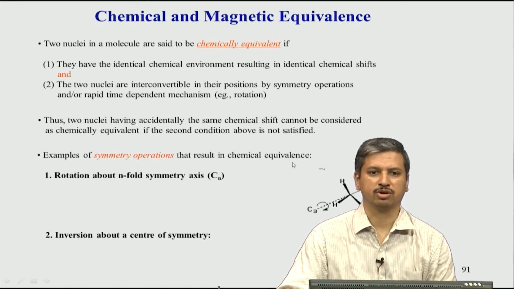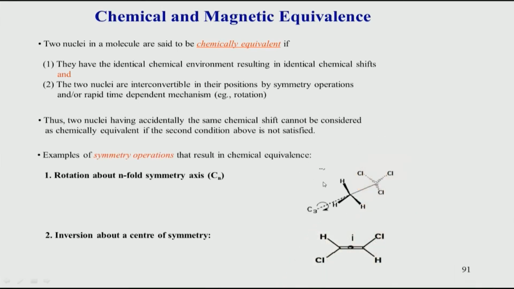The example is shown here on the right. Let us say these two hydrogens, or we can look at all three hydrogens here. I can convert this hydrogen into this position by simply a rotation. The angle between them is 120 degrees. So, by simple rotation I can change this to another hydrogen, or I can take this hydrogen to this side by another rotation.